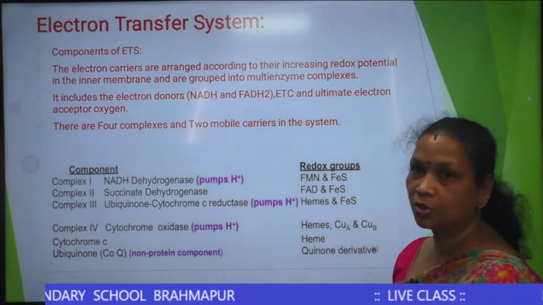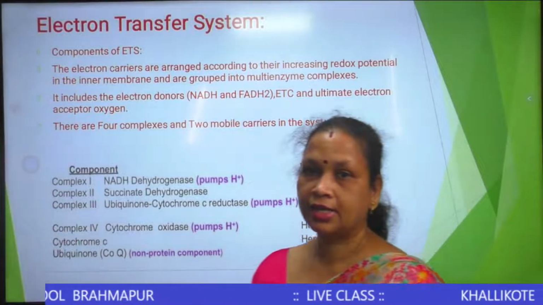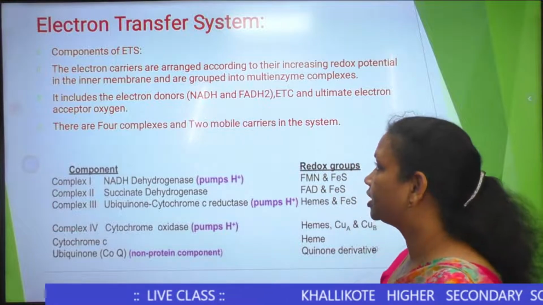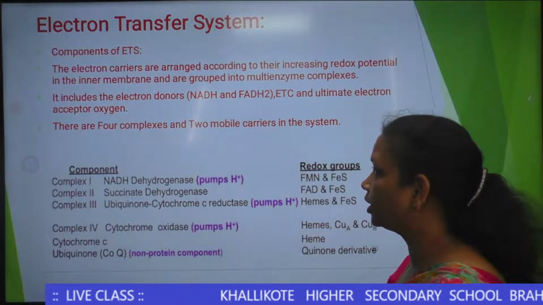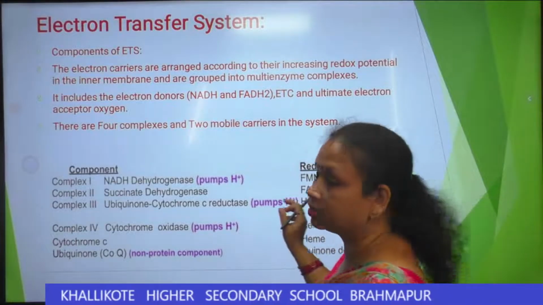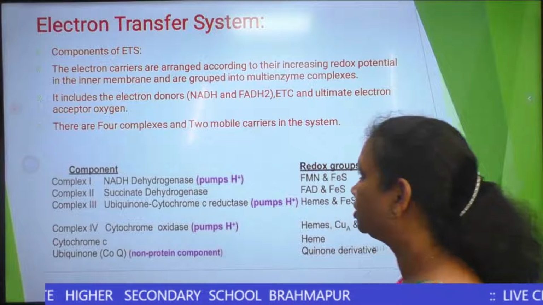So, the next portion of respiration is the electron transport system, and first let us see what are the components of the electron transport system, where they are found and what are the different complexes.